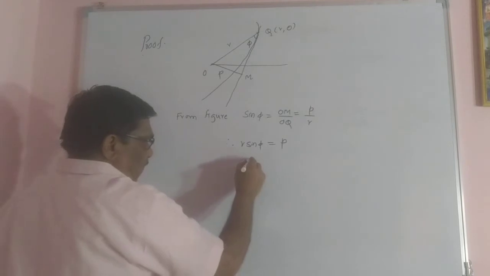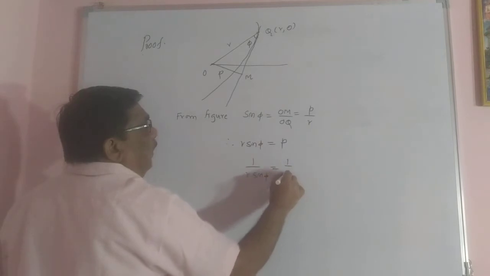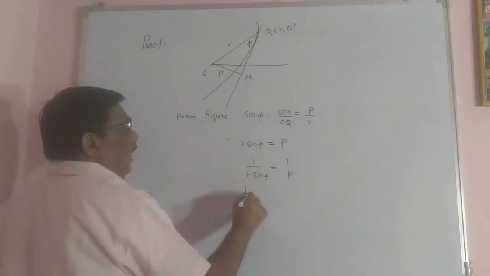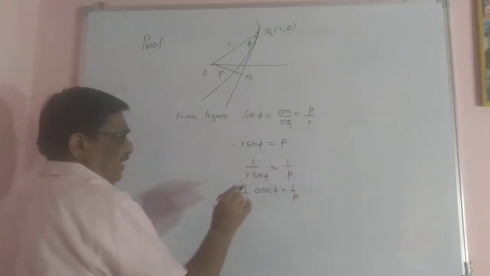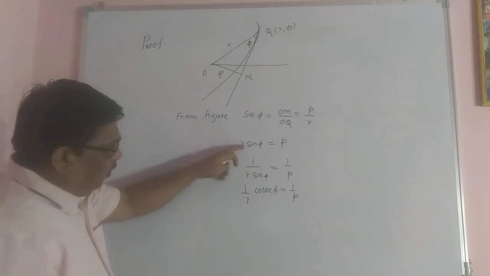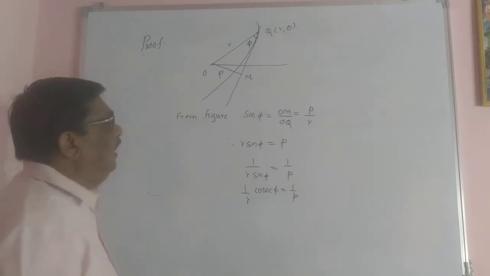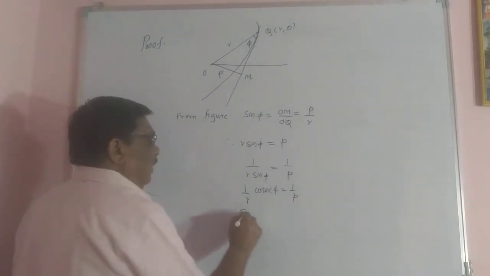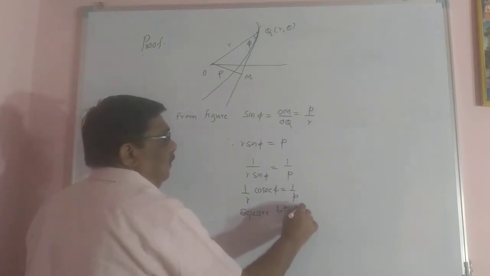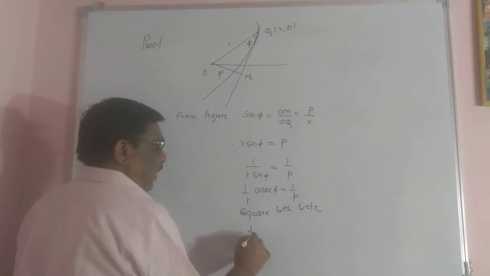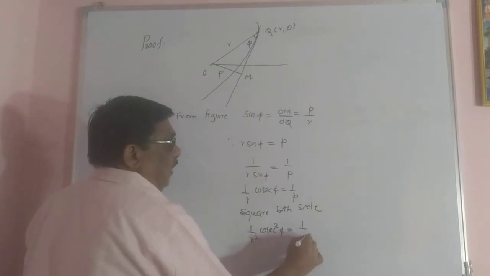Therefore, r sin psi equal to p. Take the reciprocal of it: 1 by r sin psi is equal to 1 by p. And this is 1 by r into cosec psi equal to 1 by p. Very simple statement. Now squaring both sides: 1 by r square into cosec square psi equal to 1 by p square.